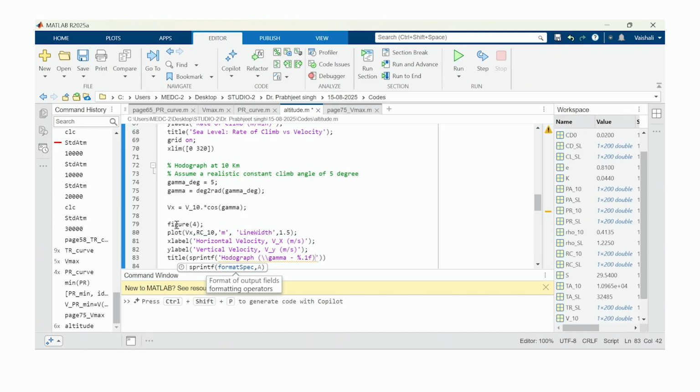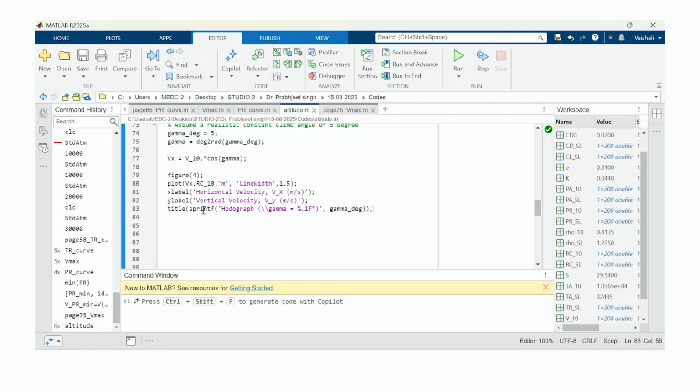So I have written this title as sprintf hodograph gamma equals percent 0.1 f, that is up to a particular decimal. Next, grid on, and let me put the limit over here, ylim 0 to 700. Now let me save this first and let us see the hodograph plot.